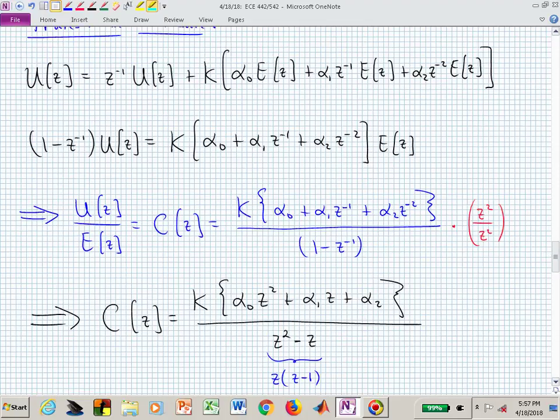And now I have everything written in terms of z's. And downstairs, what do I have? z squared minus z, which I can factor into a z and a z minus 1. And there are my poles from my PID controller, fixed. I have no more manipulation on the poles.